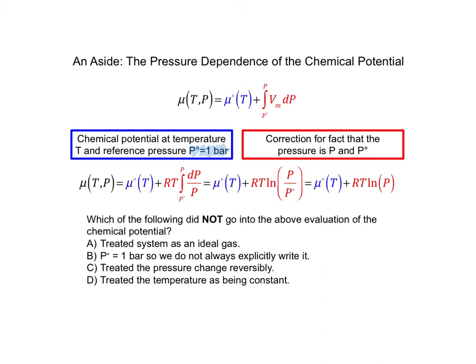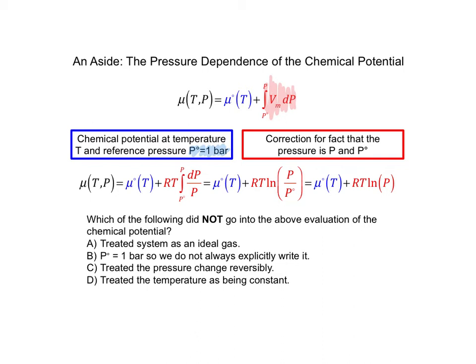And that correction term is this integral VDP. And really, you can just think of this as taking this chemical potential that is for an idealized system at 1 bar, and we are adding a correction term, so we're putting it into the real world.